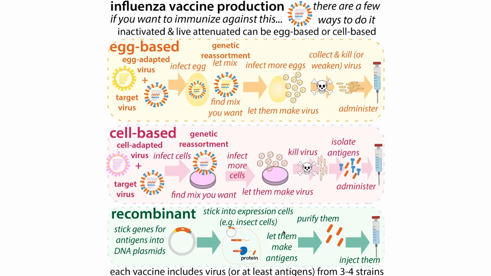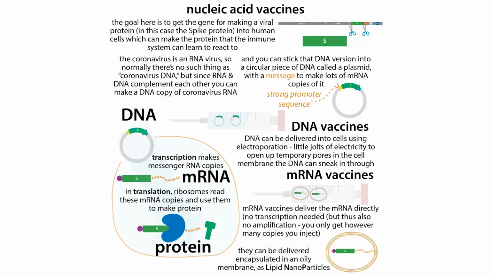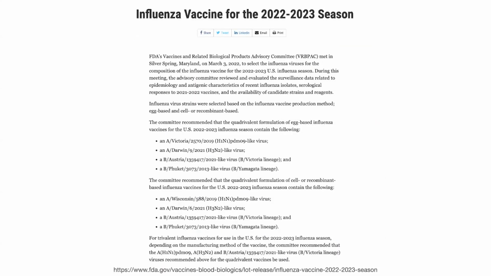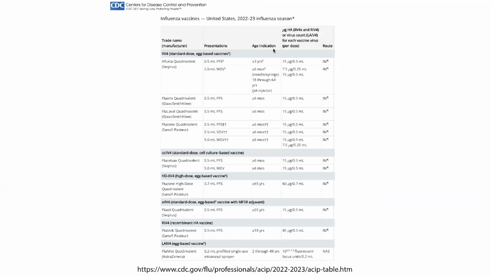Each of these vaccines is going to include virus or at least antigens from 3 to 4 strains. Typically this is 2 of the influenza A strains, this year 1 H1N1 and 1 H3N2, as well as 2 of the influenza B strains. So these are the influenza vaccines in use in the US in the 2022 to 2023 season.